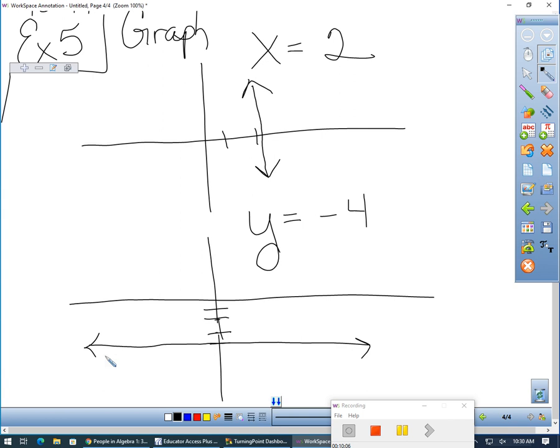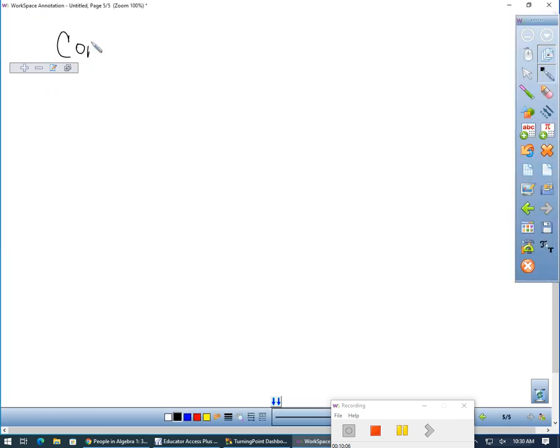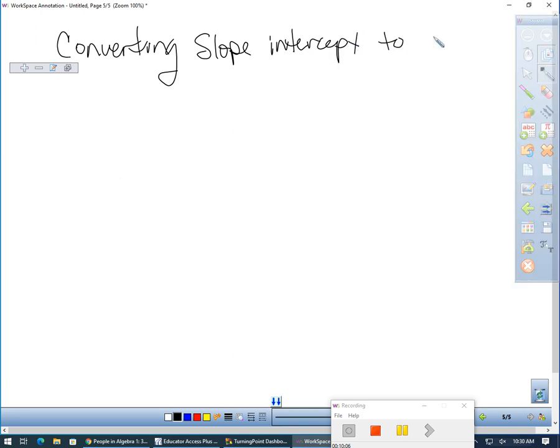All right, so here's the last thing I need to talk about. Just like yesterday where we had to change point slope into slope intercept, we have to be able to change slope intercept into standard, okay? So converting slope intercept to standard. We're going to do 3 steps. Step number 1, clear the fraction.